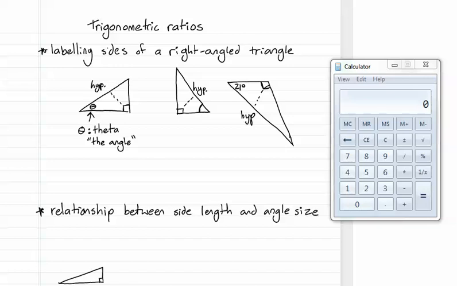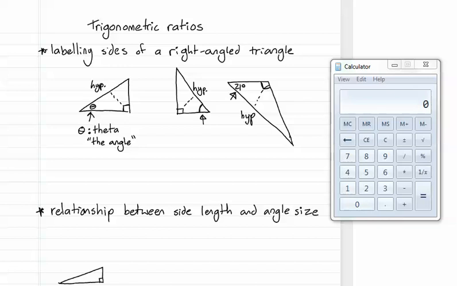The angle might be marked just with a symbol, as we've got here in the second triangle, or the angle might be marked with its size in degrees, like in the third triangle. But for whatever reason, to label the two other sides, we have to have a particular angle that we're going from. If two angles are marked, you'll have to choose one.